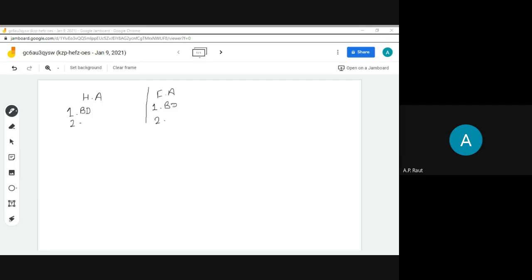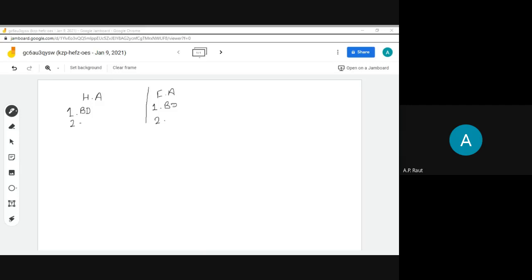And write down in the full adder, it contains 3 inputs and 2 outputs. Yes, good. Three inputs and two outputs. Done. Yes, ma'am.